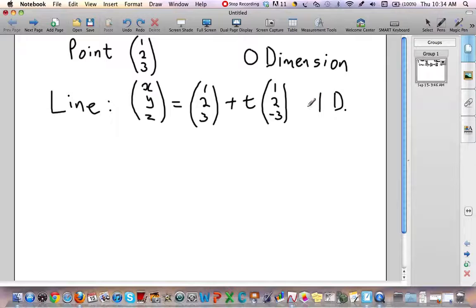What we're going to do now is, following the exact same logic, the idea of defining a plane is that it is a representation of all possible points within a specific plane.